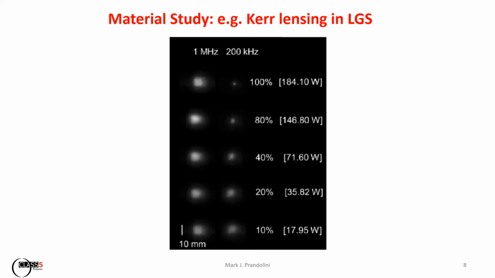At 1 megahertz and relatively lower pulse energy, you can see almost no Kerr lensing. However, at the lower rep rate of 200 kilohertz, you can see a decisive degree of Kerr lensing. And from these results, we can determine the nonlinear refractive index.